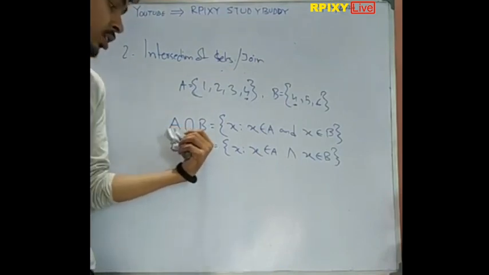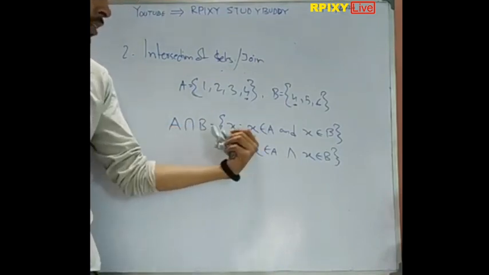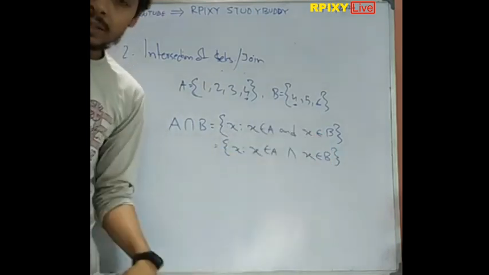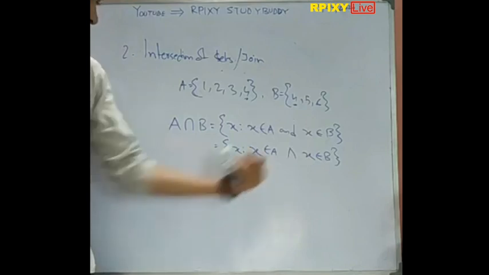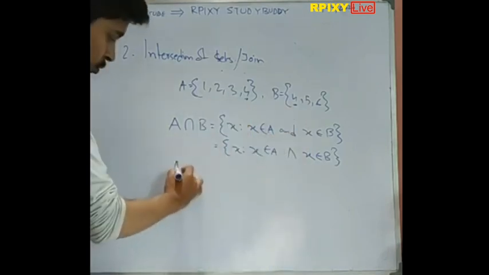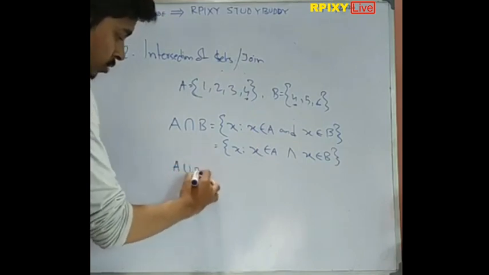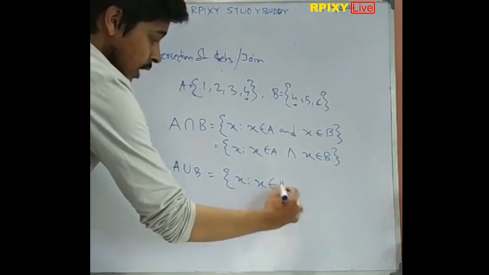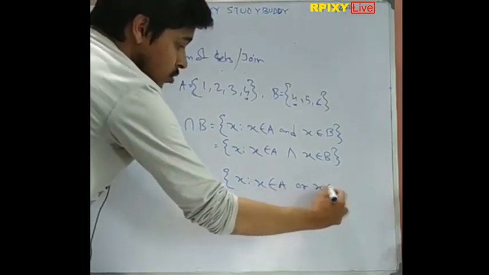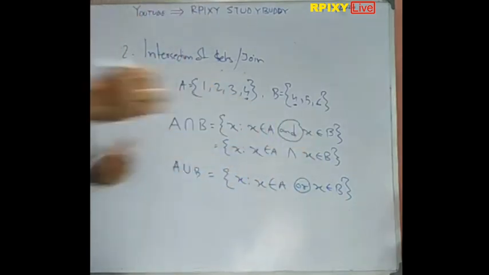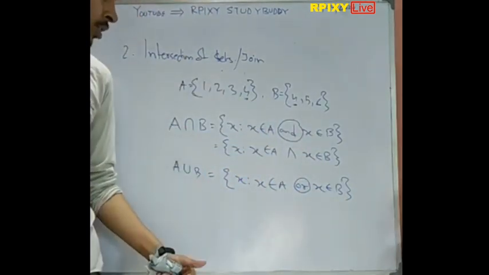What is the A intersection B set? It is a set whose elements are from A and B. That means here we are using AND. In case of union, we have used X belongs to A or X belongs to B. Okay, these are the difference in between union and intersection.